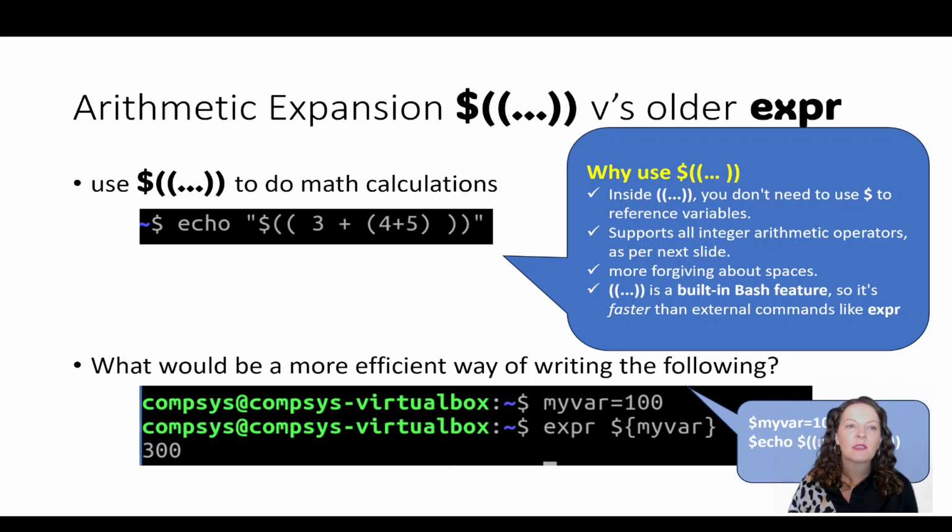So your arithmetic expansion, this $ with your double parentheses, your double brackets, allow for the evaluation of any of these arithmetic expressions, and they'll substitute the result. So the format is as it is on the screen there, your $ with your opening brackets, whatever your expression is in it, whether you're adding, subtracting, multiplying, dividing, whether you are comparing, and I'll go through some of the common characters for those as well.